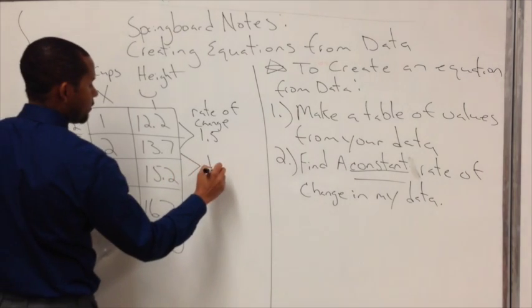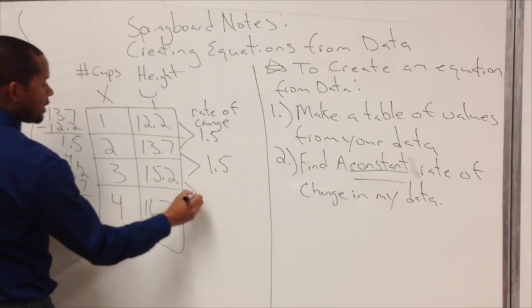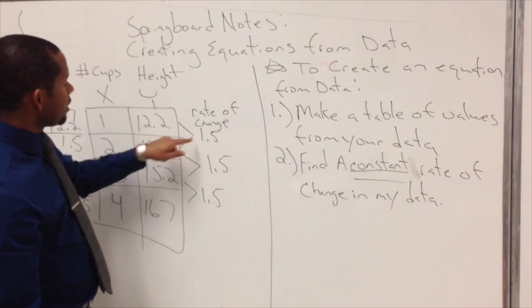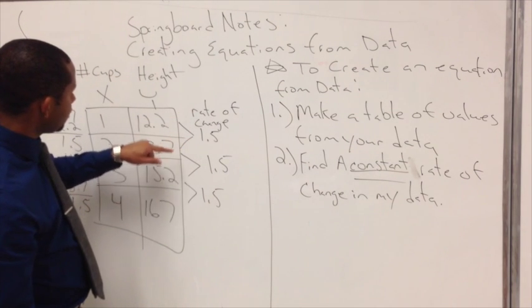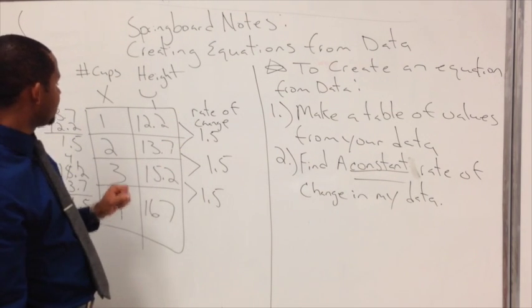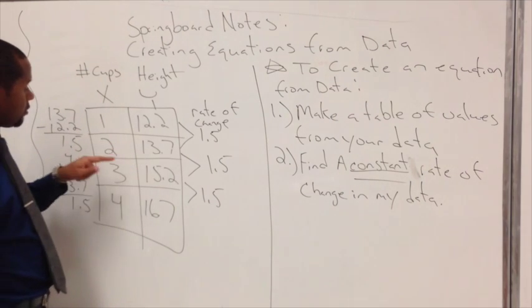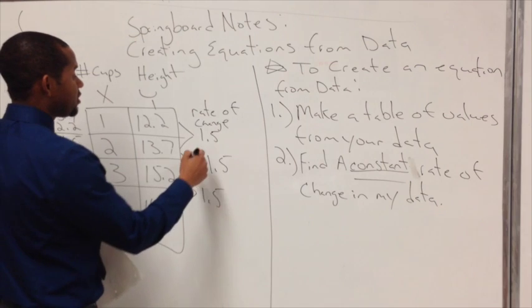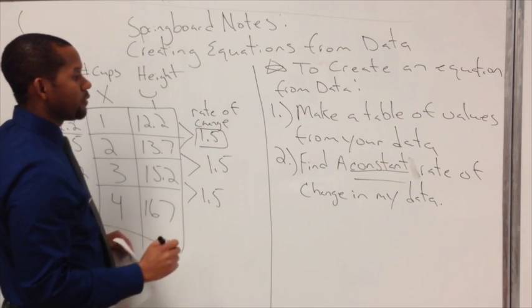It's 1.5. Our rate of change here is 1.5. So notice, my rate of change between y's is constant, right? As long as I'm going from 1 to 2, 2 to 3, 3 to 4, and so forth, I have a constant rate of change of 1.5.